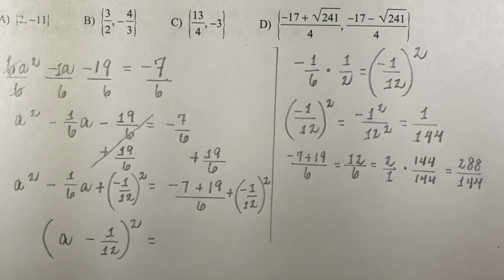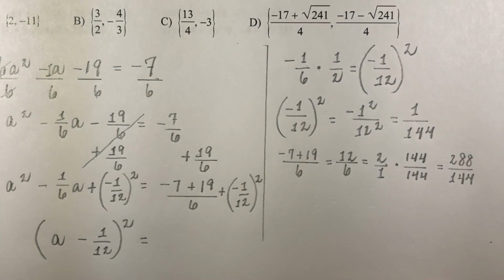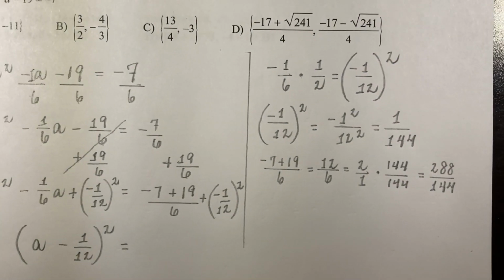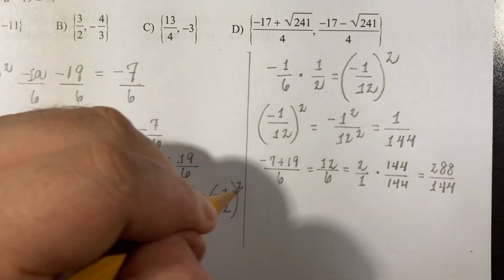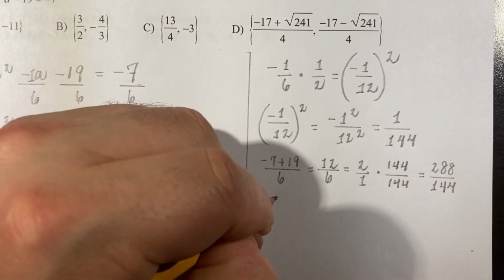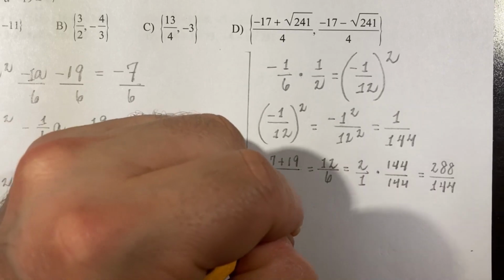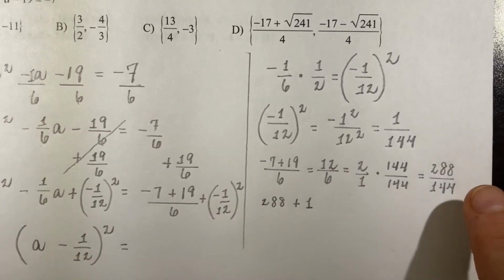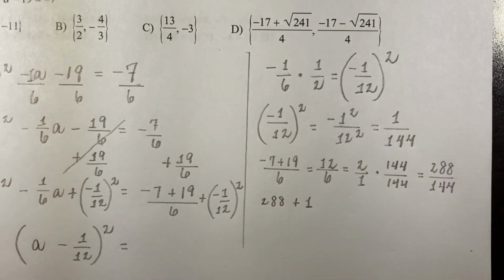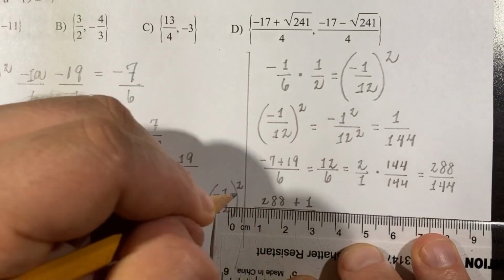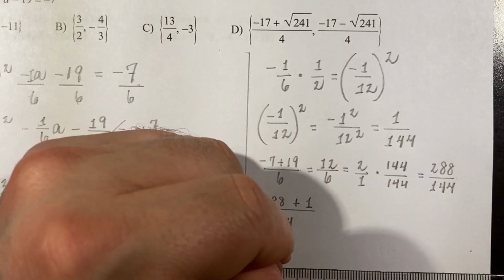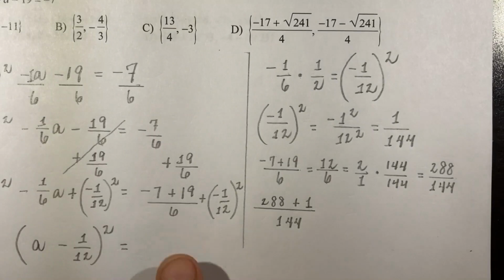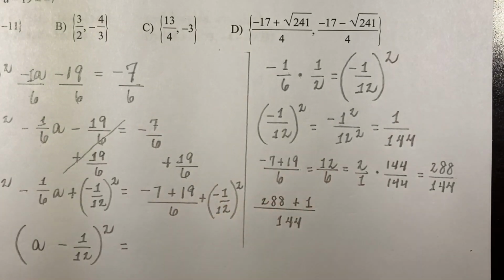And there you go. Bob's your uncle. You ever heard that phrase before? Bob's your uncle. And now we just need to add 288 plus 1. So that's this plus this over 144. So I'm doing all of this stuff over here in side work.